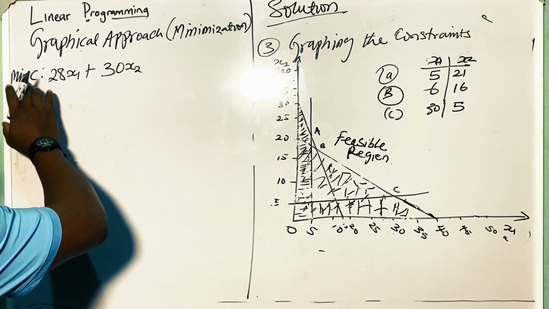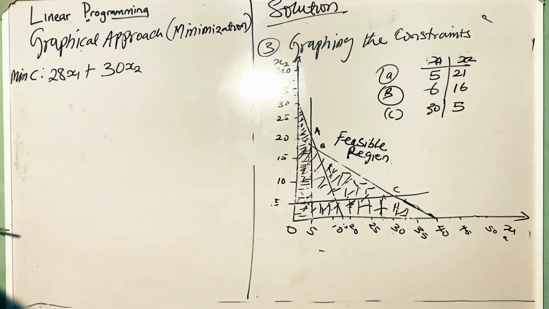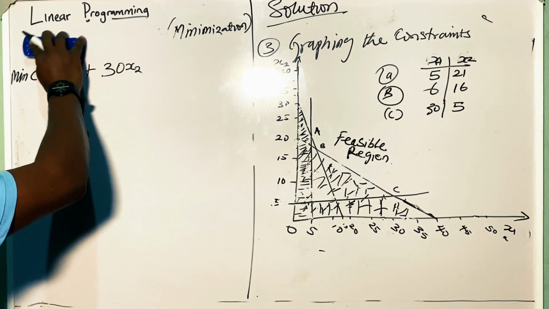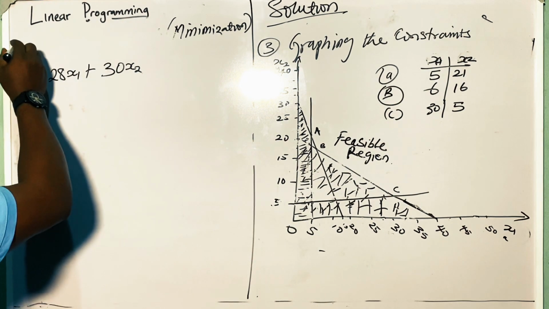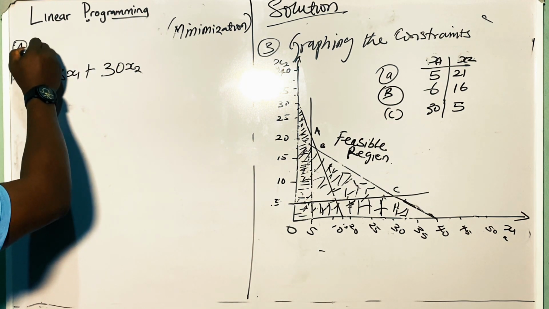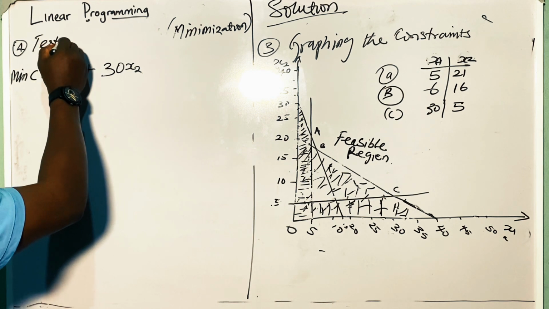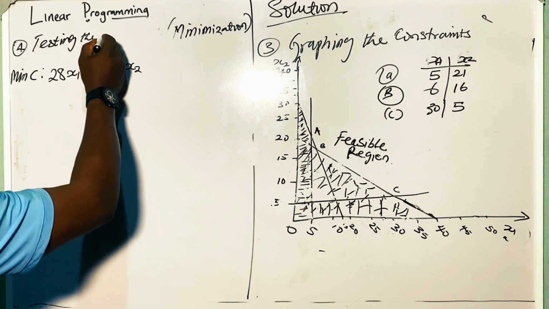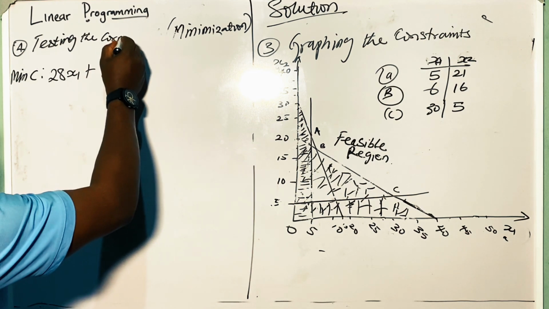So the next step will be substituting the values, testing the extreme corner points.